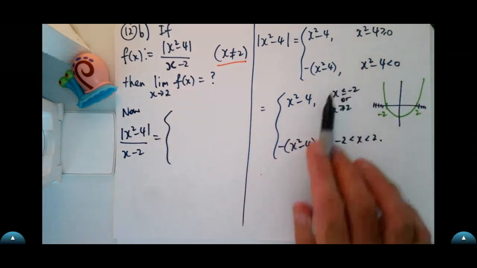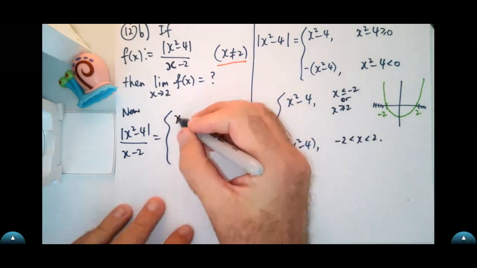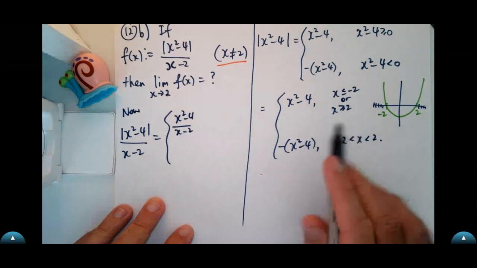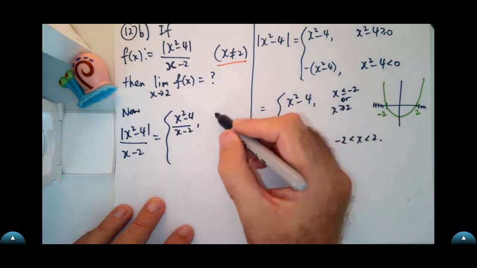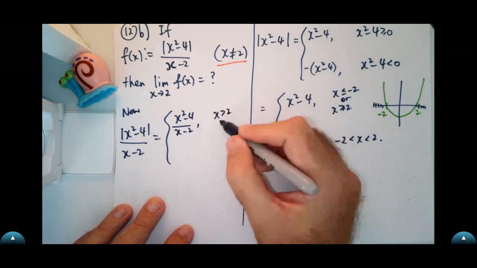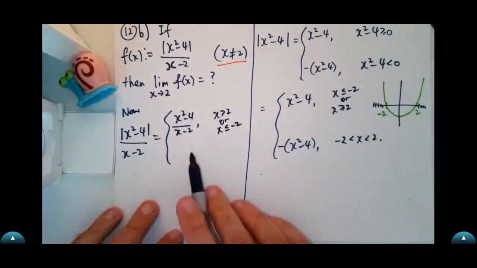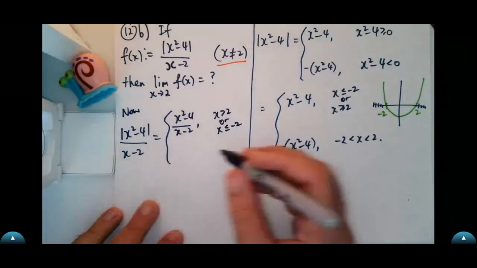So in this region, we'll have x squared minus 4 on x minus 2. And I don't want x to be equal to 2 here, so I'll just make that change. And this part is here.